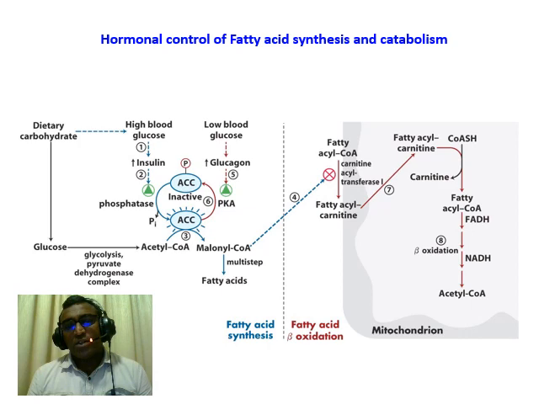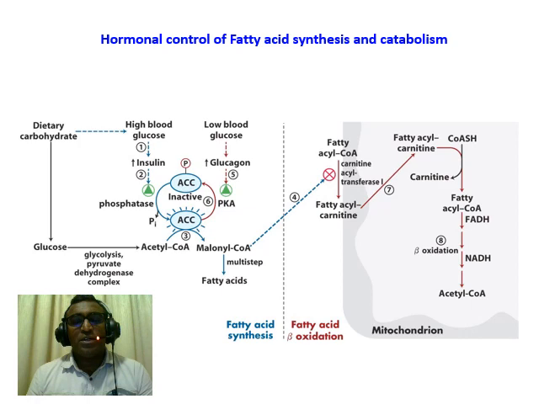So two different situations, where one is high blood glucose right after a diet. That means the person is taking up a high carbohydrate diet, where it will be converted to glucose, and glucose in turn will be made into acetyl coenzyme A by glycolysis.